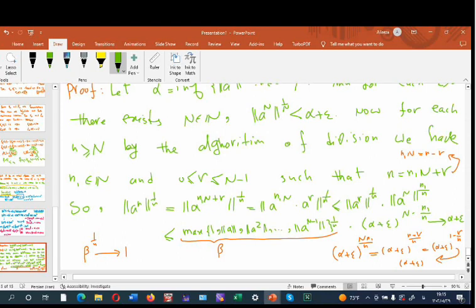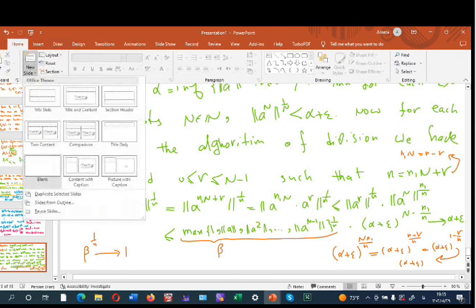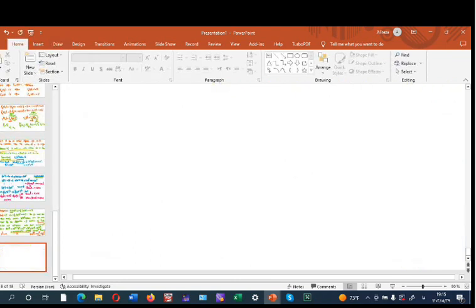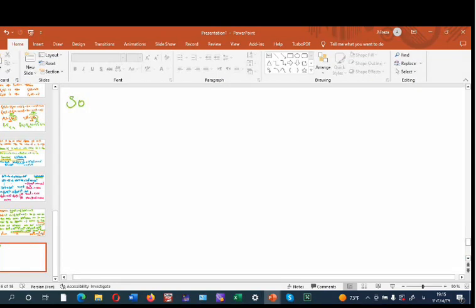This shows that for any positive epsilon, the limit supremum of this set is less than or equal to alpha plus epsilon for any epsilon.